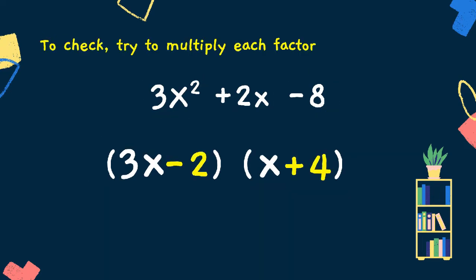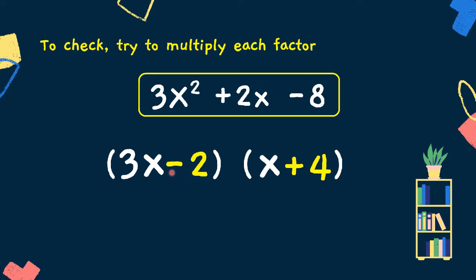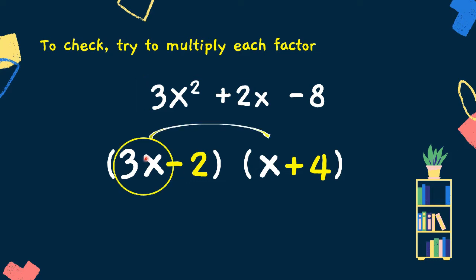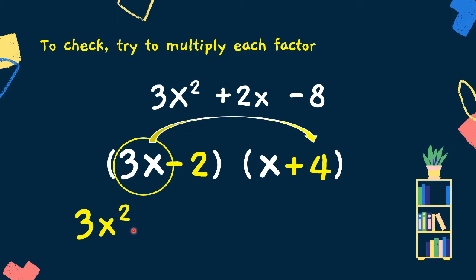So let us check if our factors are really the factors of our given polynomial. First, we multiply 3x times x, which is equal to 3x squared. Next, 3x times positive 4 is equal to positive 12x.